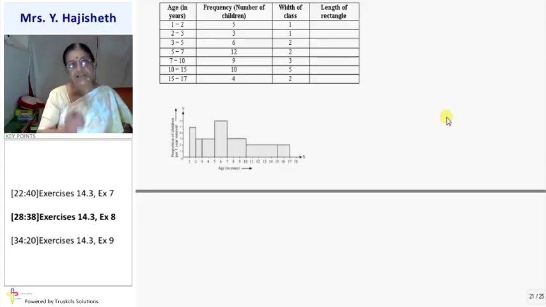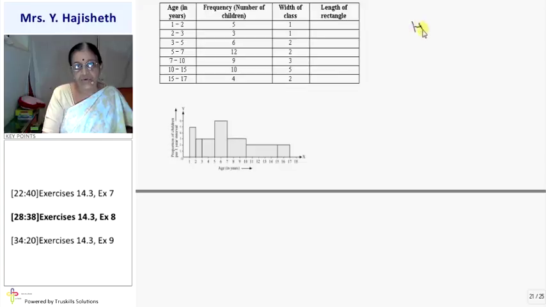The width of each class is different. So here you have to get the proportional frequency. This is a histogram with unequal class length.